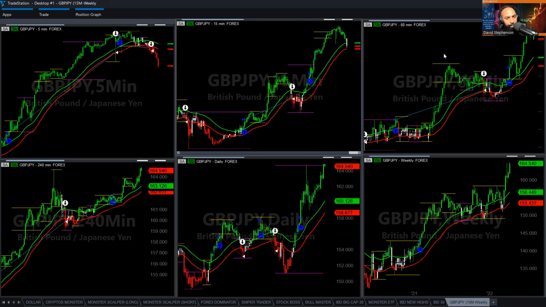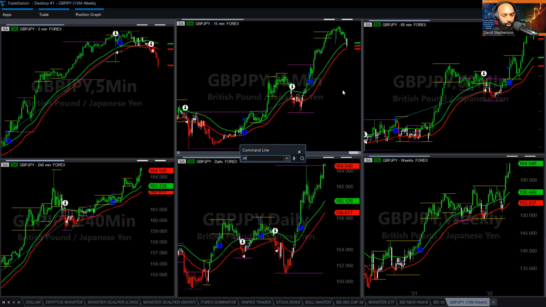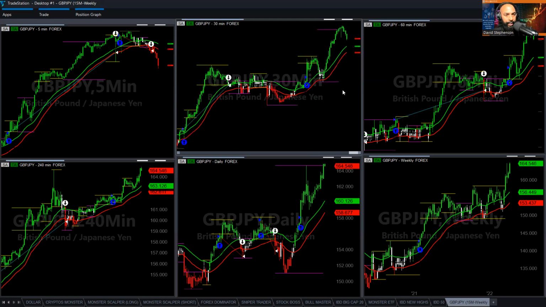The 15-minute price action is going to bring down the 60-minute. I'll bring in a 30-minute here, because that's what we normally trade. This price action, if it continues, is going to bring all this price action down.